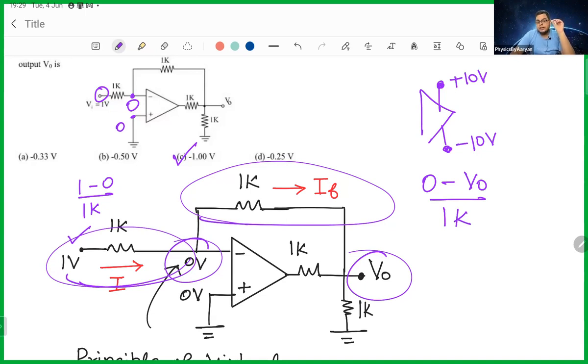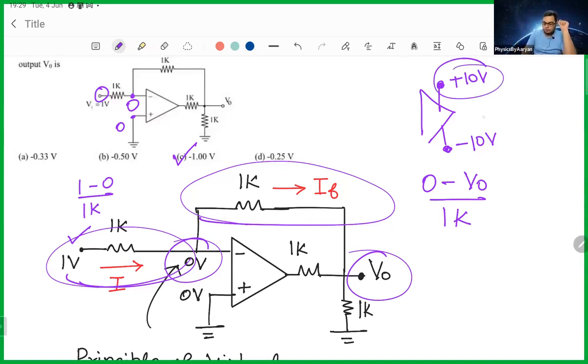So infinite gain means, what does an op-amp do? Whatever is the input, it gains up. So if the gain is infinite, then one volt should become infinite volt. But infinite volt cannot be an answer. I cannot have infinite voltage. So the maximum voltage that I can have is whatever I have applied.